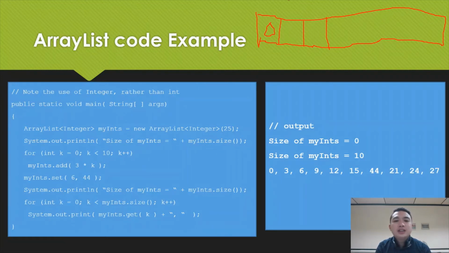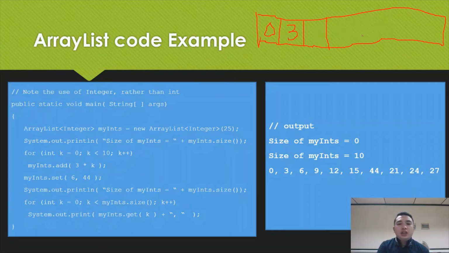So 1, and 1 is less than 10 is true, and then 1 times 3 will be stored in index 1, etc. Until the last value, which is k equals 9. 9 times 3 is 27, and it will be added at index 9.